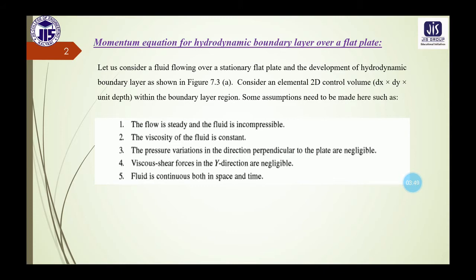Like in case of the laminar boundary layer zone, the velocity distribution is parabolic. In case of the transition boundary layer zone it is uncertain. Then in case of the turbulent boundary layer zone, the velocity profile obeys the log law or power law. Then in case of the laminar sublayer or viscous sublayer, the velocity distribution is linear. So all such velocity distributions have also been discussed in the last lecture.